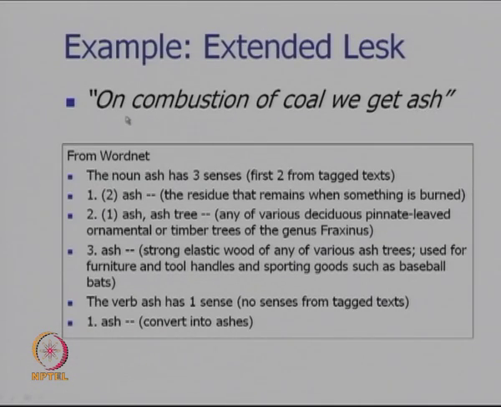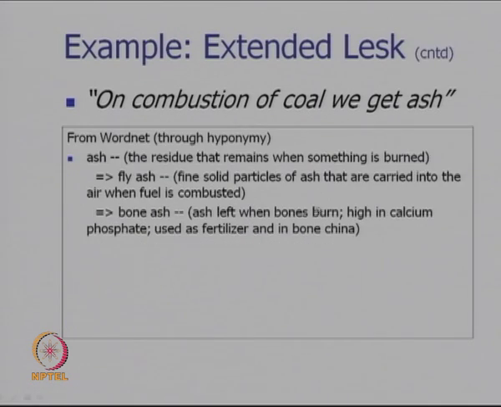Here is an example. On combustion of coal, we get ash. From the WordNet, now ash has 3 senses, and we find that the word combustion does not appear in any of them. So, none of the senses will return a score, all of them will return a score 0. However, if we use extended Lesk, then we go to semantically related senses.